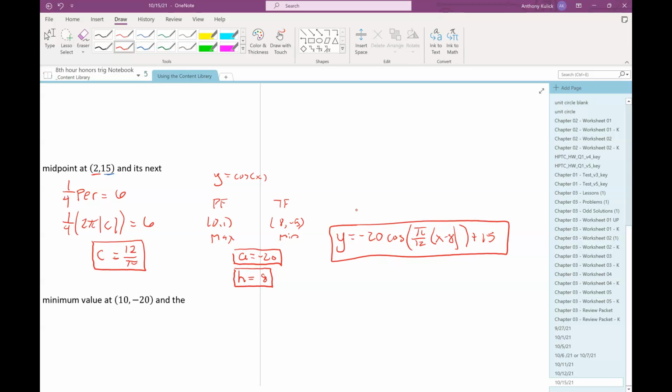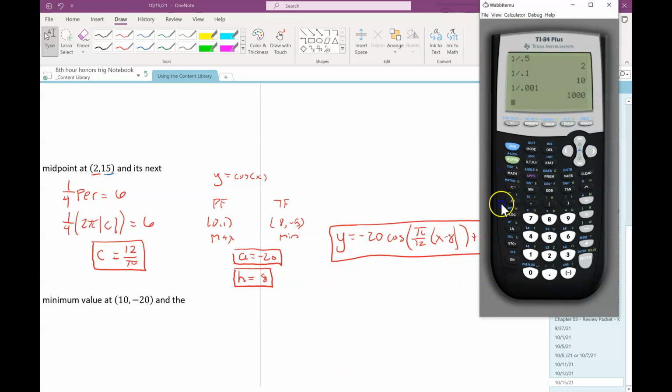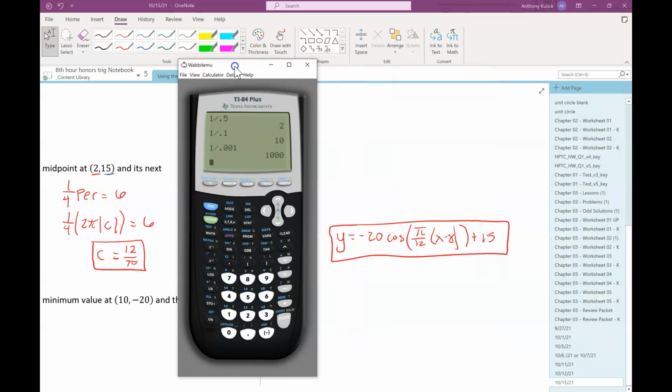Just FYI, you can now check this, right? So like if I fire up my calculator and I plug in 2 for x, I better get 15 back. Right?